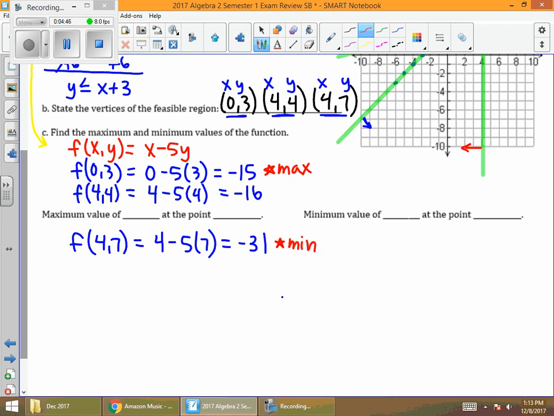So when I ask what's the maximum value, the maximum value is this negative 15, and it occurs at the point 0, 3. And our minimum value is negative 31, and that occurs at the point 4, 7.